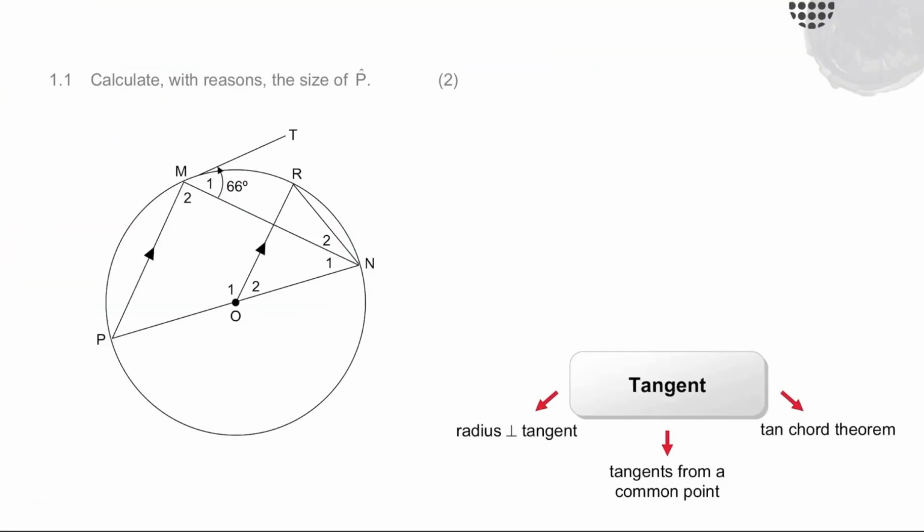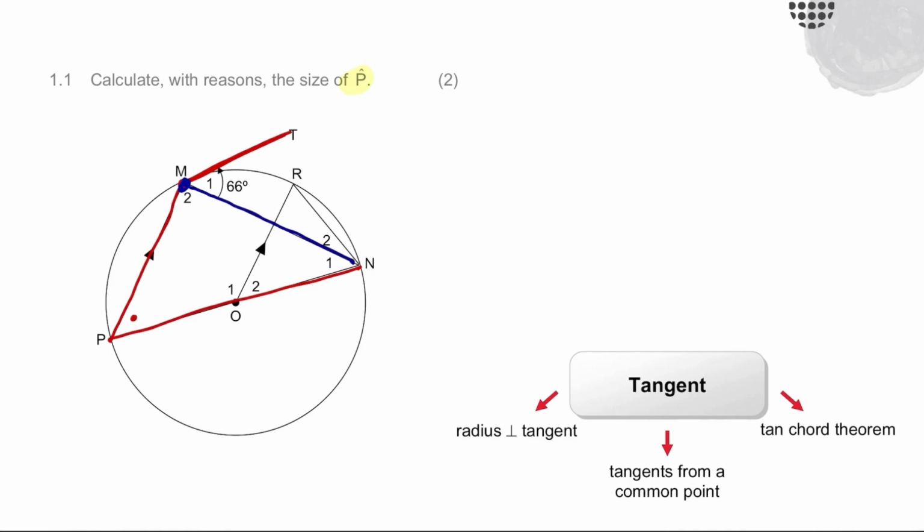So in question 1.1, we have been asked to find the size of angle P. We have already figured out the solution, so we'll just go back over it one more time. Angle P is tucked away in the corner here. It connects a tangent at point M. Fundamental to knowing when to use the tan chord theorem: if the line that forms an angle drawn back to the circle at M touches a tangent, then you go from that point back onto the circle, finding out where the chord is.